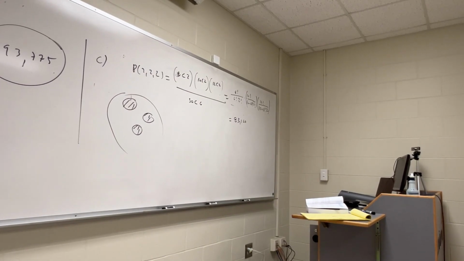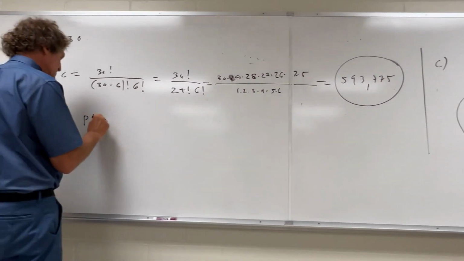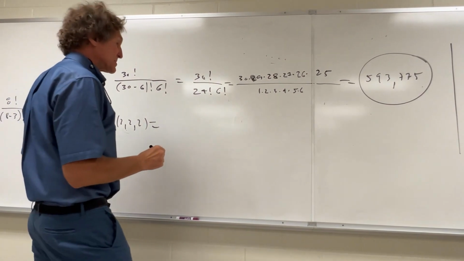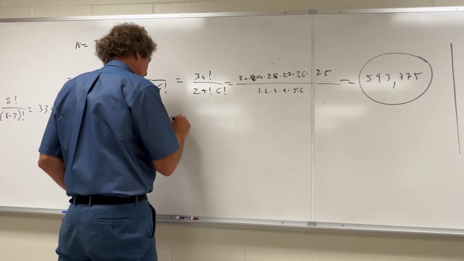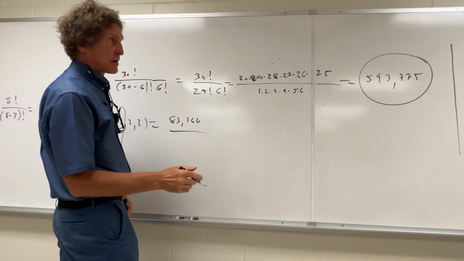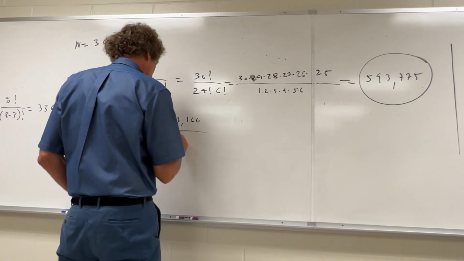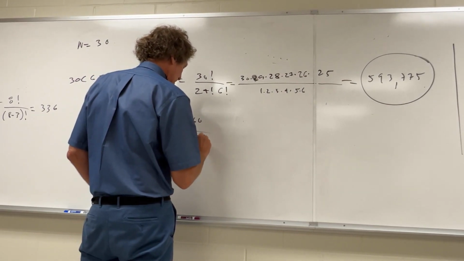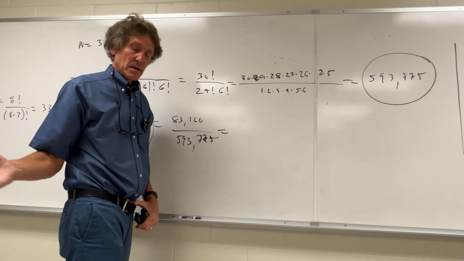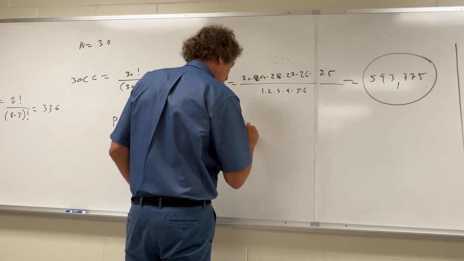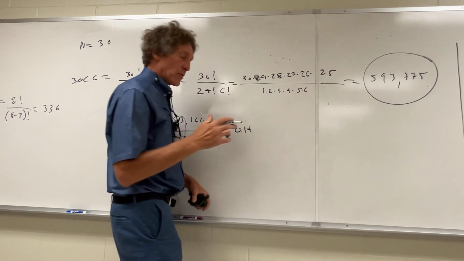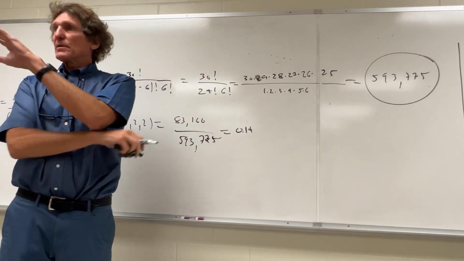So the probability of getting 2, 2, and 2 is going to be 83,160 divided by the total number, 593,775. And what is that? 0.14, 14%.